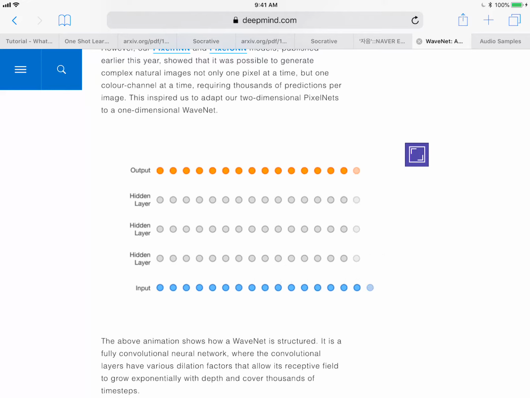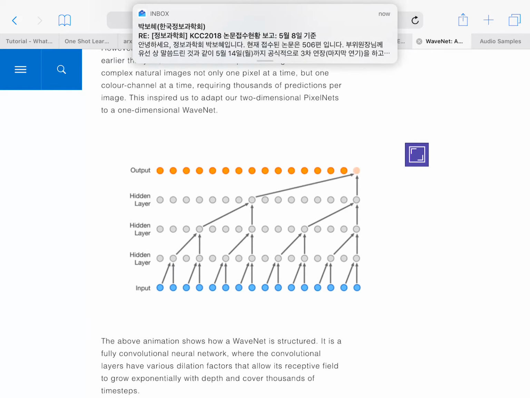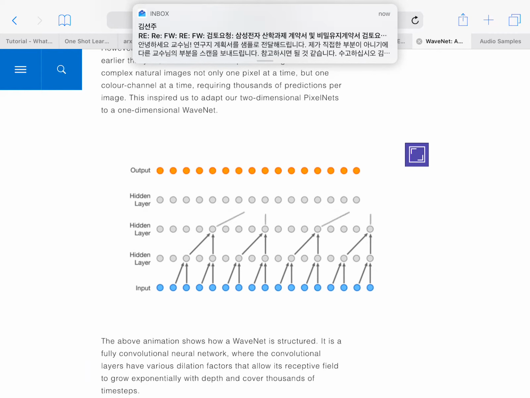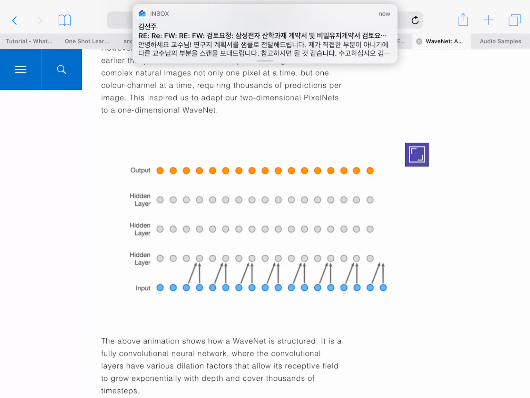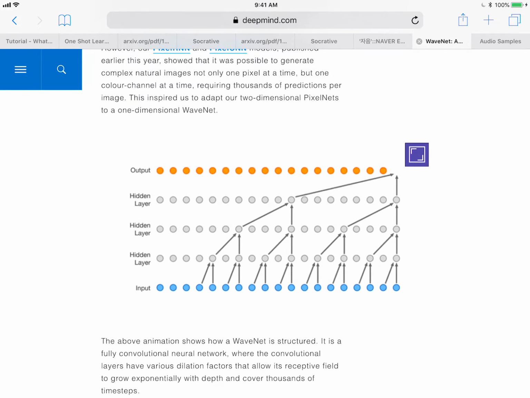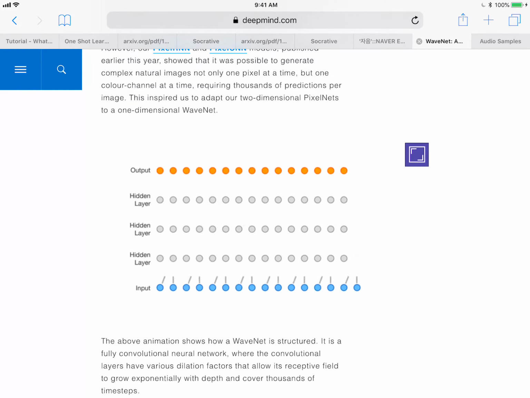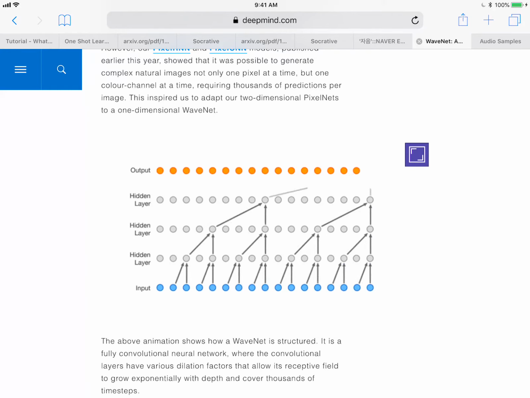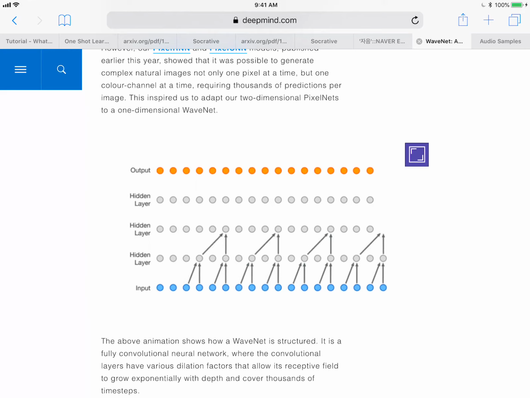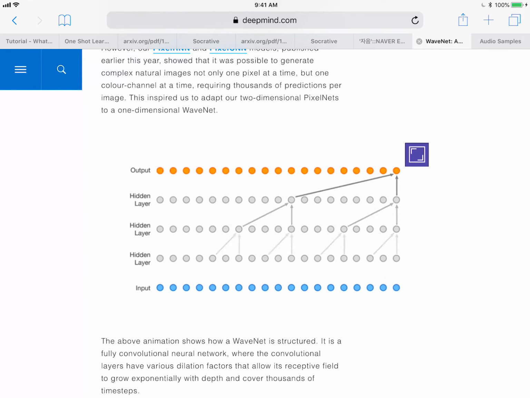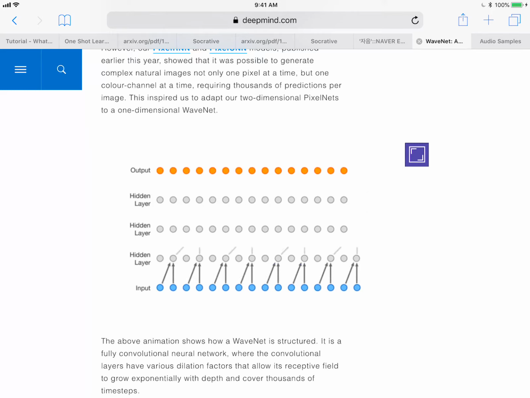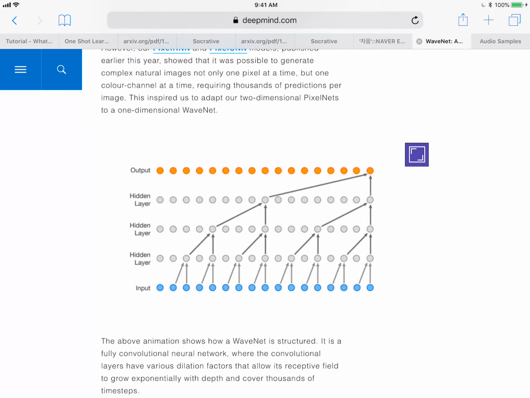But we don't perform regression in order to predict the height of each waveform value. We actually discretize this value by using a certain number of bits. Here, if we use 8 bits, it is represented as a discrete number that has this many different slots.